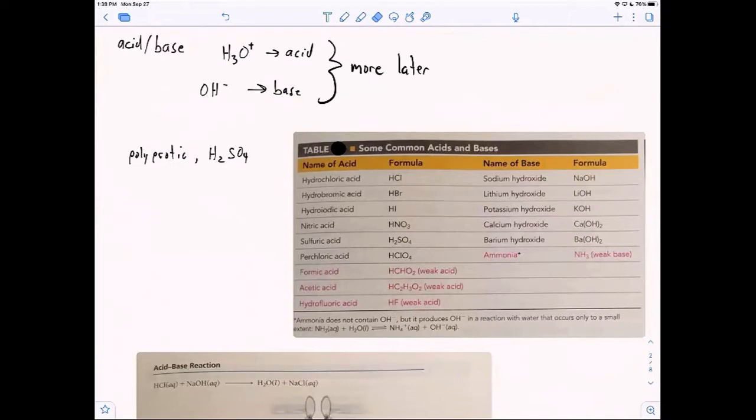Acids taste sour. So if you ever drank vinegar, drank citric acid, it's sour. Bases taste bitter. Things like caffeine and nicotine and many things that are poisonous, they're basic. So if you ever taste the bitter of coffee, you're tasting the alkaline. Basic and alkaline are the same thing, so they're used interchangeably.